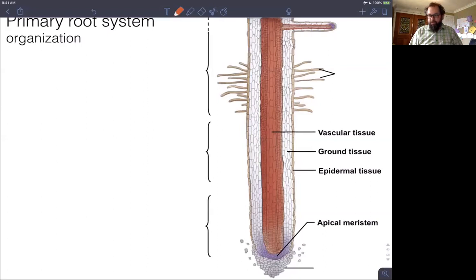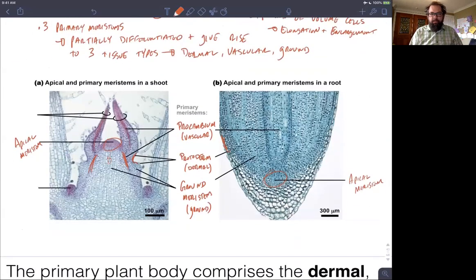And the root first does that, pushing its way through the soil with a group of cells that's on the outside of the apical meristem, just out to the tip, and that's called the root cap. And I didn't actually show you this, but in that microscope cross-section right here, we can actually see the root cap is this portion of the tip of the root. On the outside of that is the root cap.